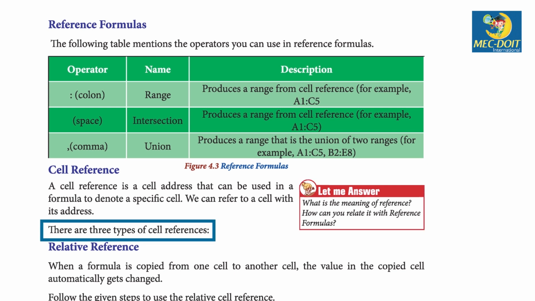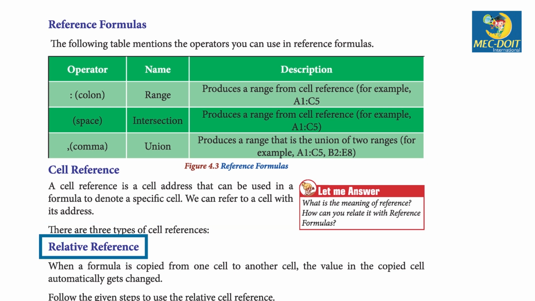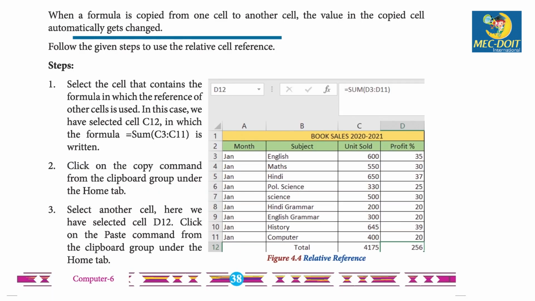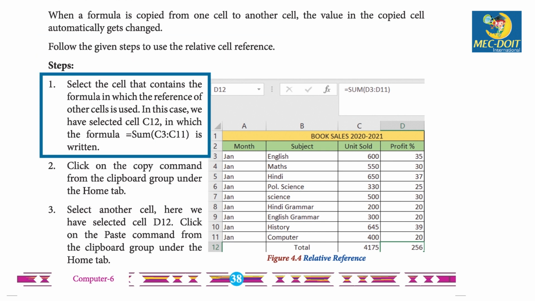There are three types of cell references. Relative reference: when a formula is copied from one cell to another cell, the value it is copied to automatically gets changed. Follow the given steps to use the relative cell reference. Step 1: select the cell that contains the formula in which the reference of another cell is used.